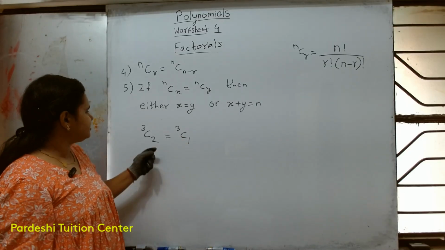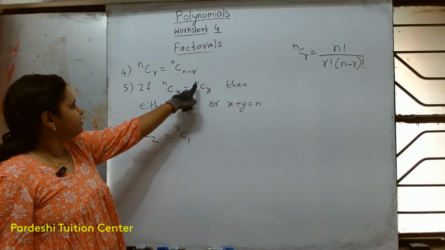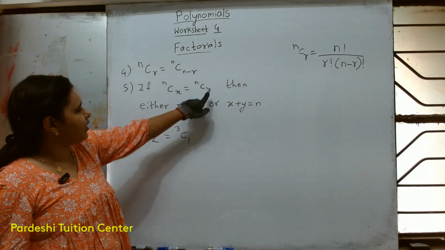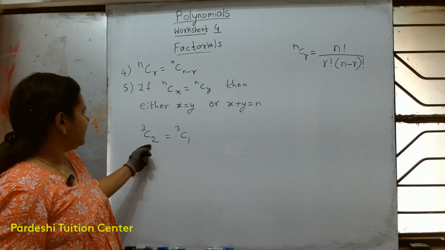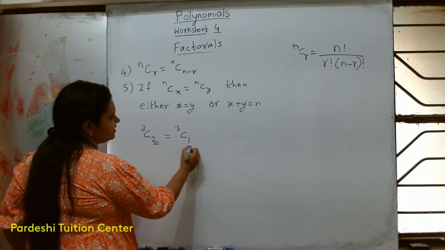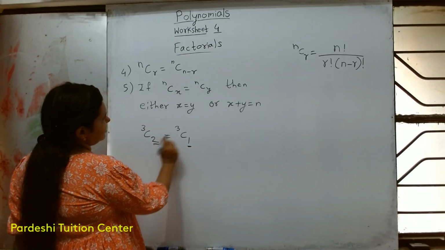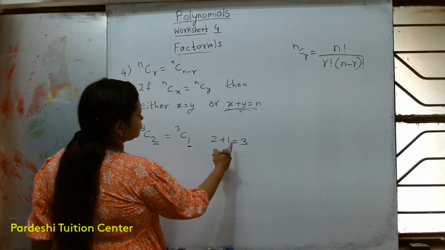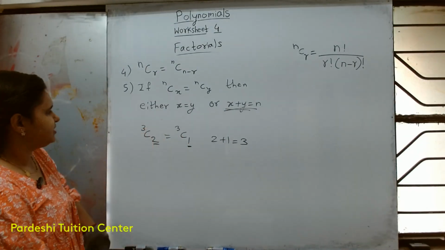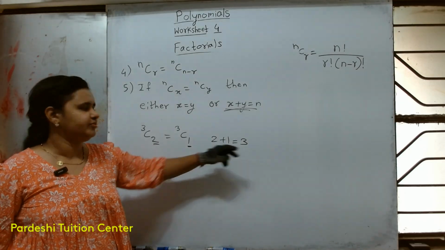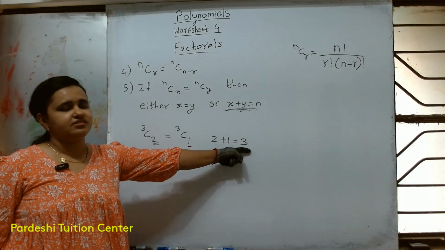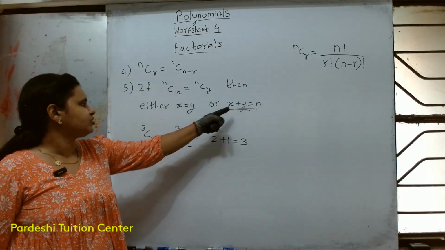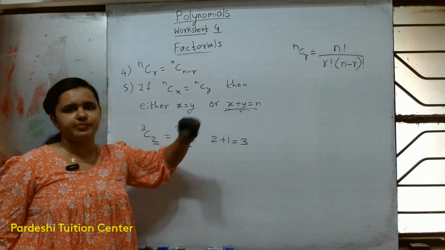If I compare these both, here n is 3, okay, and x is 2, and y is 1. So here x plus y is equal to n. So 2 plus 1 is equal to 3. So 3 is n, here n is 3. So the answer is coming x plus y as 3, okay. So here it is true, here it is 'or', okay. So either this condition or this condition will be applied.